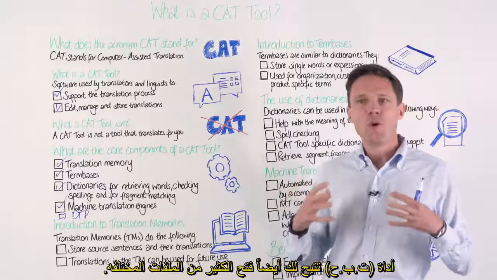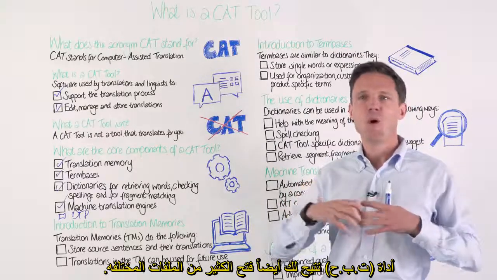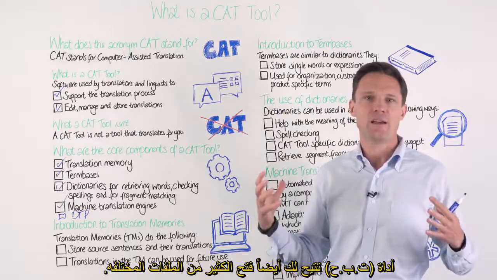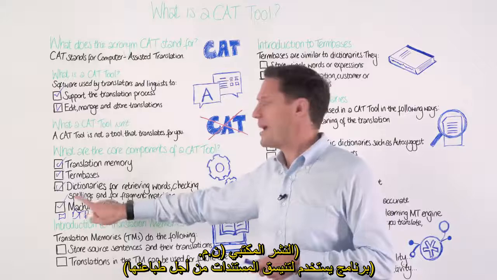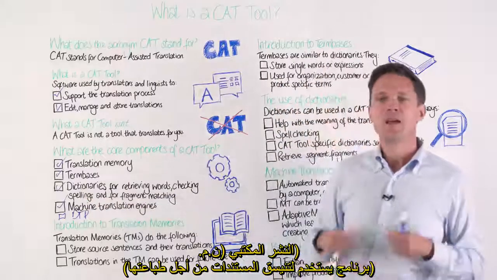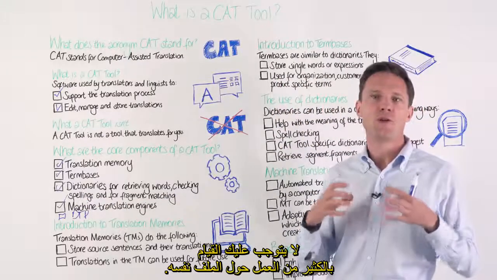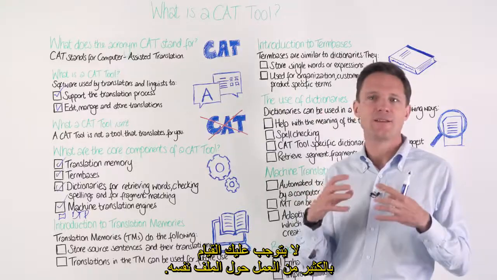My writing there is not quite as neat and I ruined the really nice whiteboard. A CAT tool also enables you to open a lot of different files. This is another acronym, desktop publishing, DTP. You don't have to do a lot of work around the file itself.